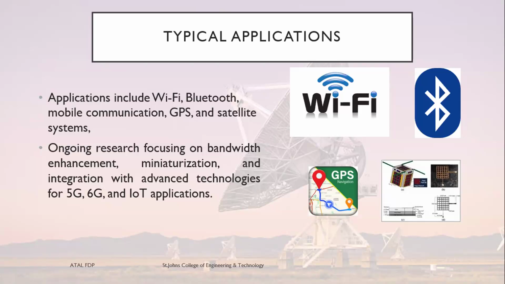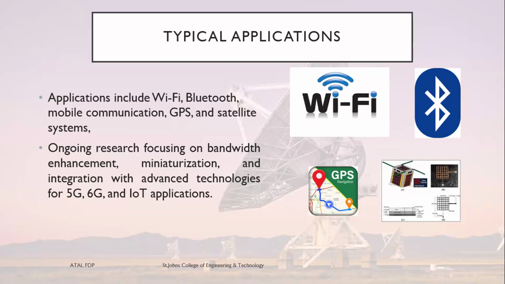Though the microstrip antennas came into the picture 2 to 3 decades back, why are researchers showing so much interest? Because research is still going on. One major disadvantage, once upon a time, not now, is the bandwidth limitation. The antenna operates over a small band of frequencies.